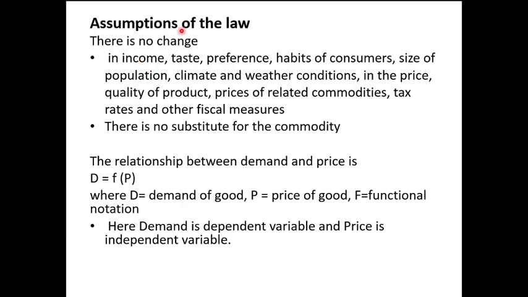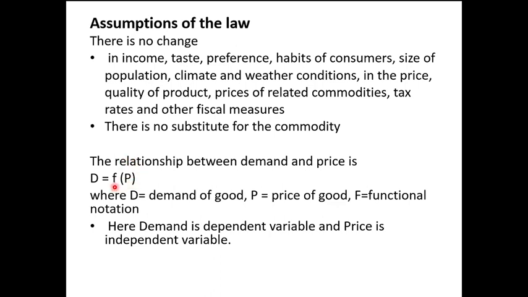If this is the case, we can derive the demand function, or law of demand function, as D is a function of P. Okay, D is a function of P. You can say D is demand for goods, P means the price of the commodity.